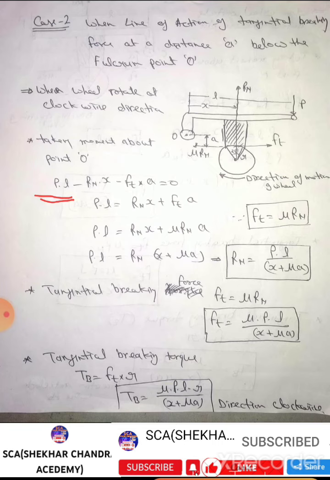And next is minus Rn into x. Rn is normal reaction and its perpendicular length for motion about point O is small x.